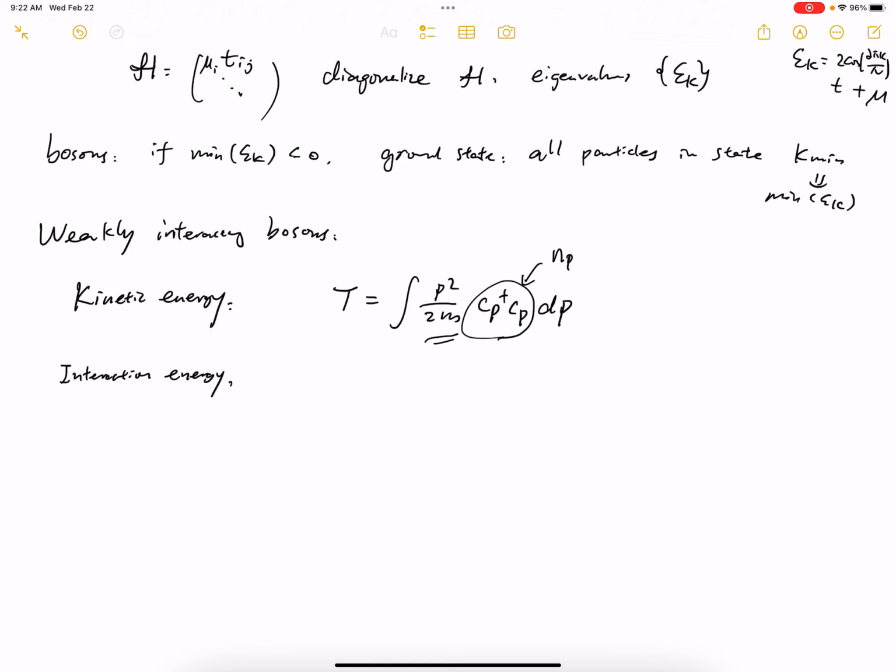If you have two atoms' wave functions which are exactly overlapping with each other, that means the electrons are also having overlapping wave functions. And the electrons don't like each other because they have Coulomb interactions, right? Because they're repulsive. If you put two charged electrons, they're going to repulse each other. So that means in general, if you just stack two bosonic atoms on top of each other, there's going to be a large repulsion energy. So this is the physical source of the interaction.